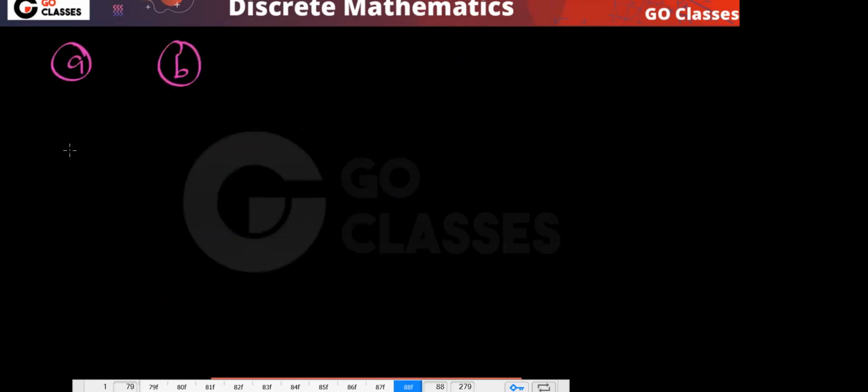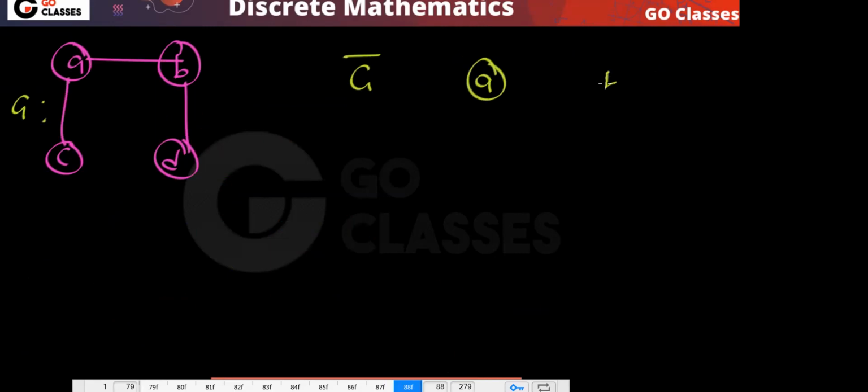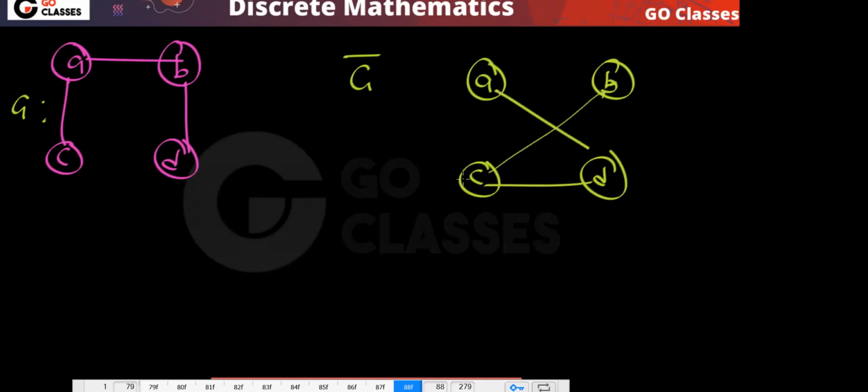I can give you this one, with vertices A, B, C, D. Consider this graph G. Is this self-complementary? What will be G bar? G bar will be like this. Yes, they are actually isomorphic to each other.